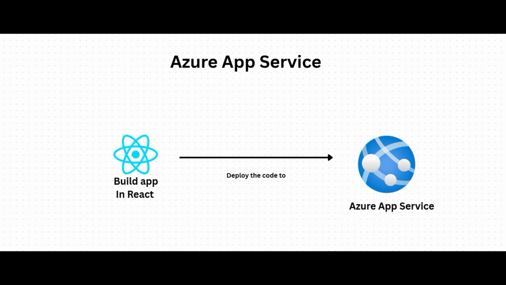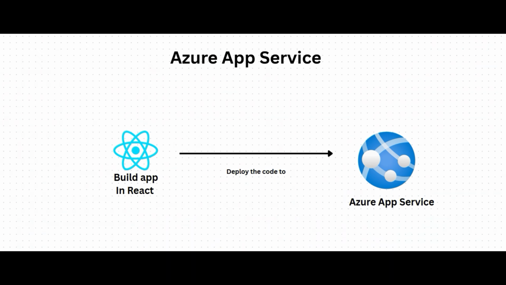Instead of setting up a full virtual machine, you can simply deploy your app on Azure App Service. So Azure automatically handles scaling when traffic increases, security patching, and OS updates, along with high availability and performance. It's great for developers who want to focus on code, not on infrastructure. And Azure App Service comes under the service model of platform as a service.